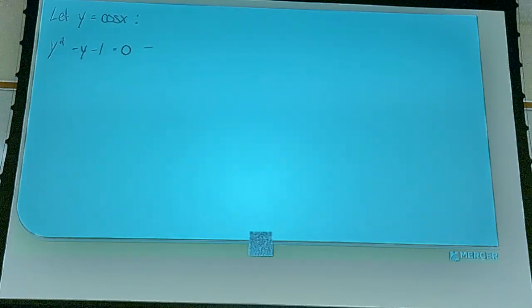I'll let you go through that because this is a known solution. We actually studied this solution quite a bit in math. One plus or minus root 5 all over 2.